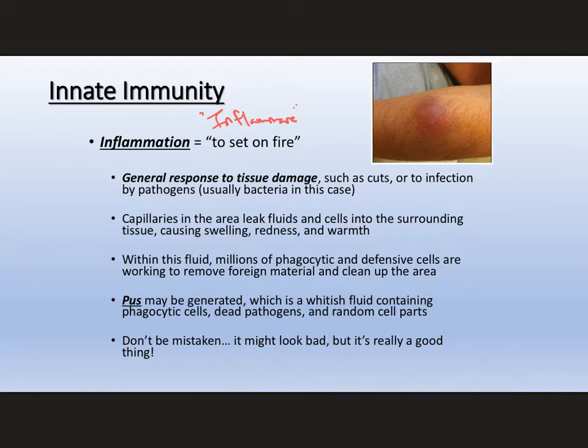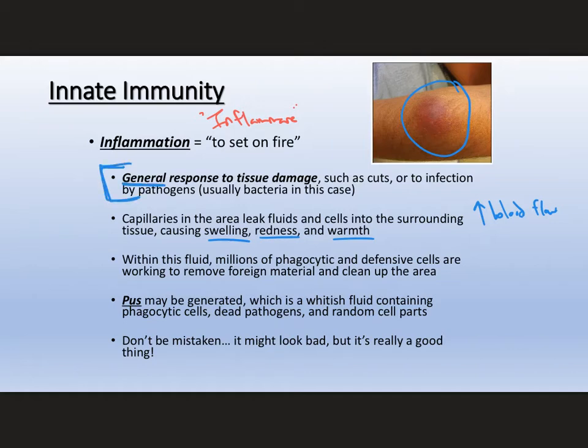If you look at this picture of somebody with a little inflammatory response on their arm or leg, there's usually redness, there's usually warmth, there's usually swelling, and this is primarily due to increased blood flow to the area. That's why you get these reactions. But to bounce back to this first bullet point, it's super important here.